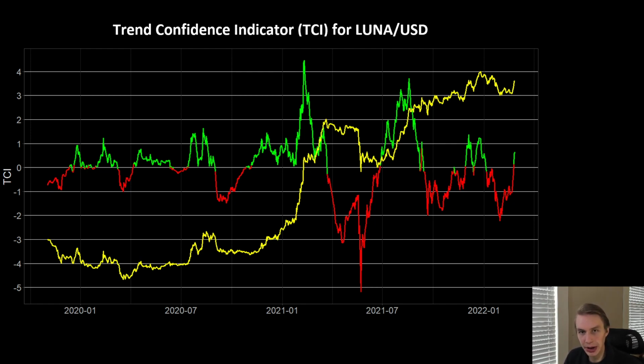But I also think there are reasons to believe that Luna could do quite well in a bear market, or at least better than a lot of other altcoins. One of the fundamental reasons for this is the existence of UST, the stablecoin that's native to the Terra Luna protocol. In bearish conditions, one of the things there is a lot of demand for in crypto is stablecoins, right?